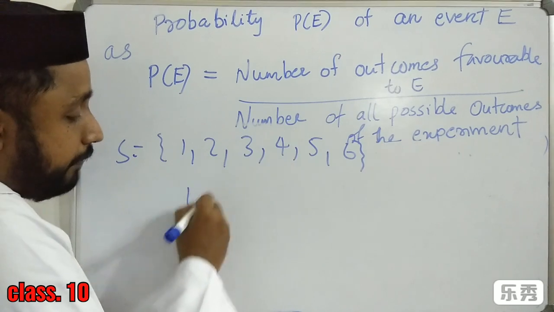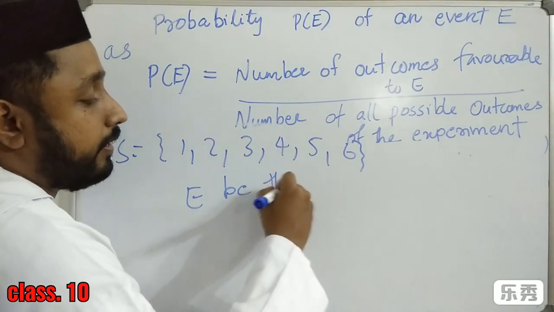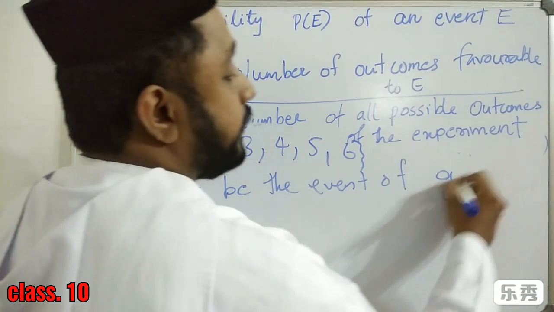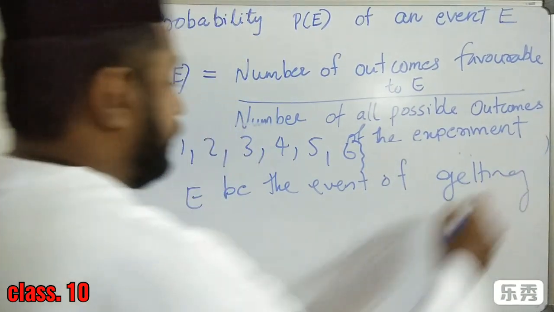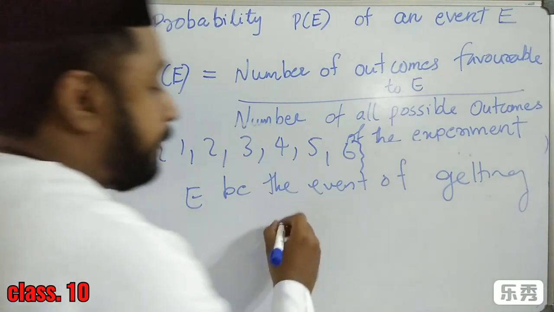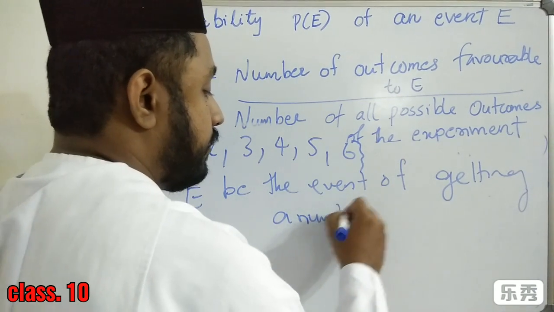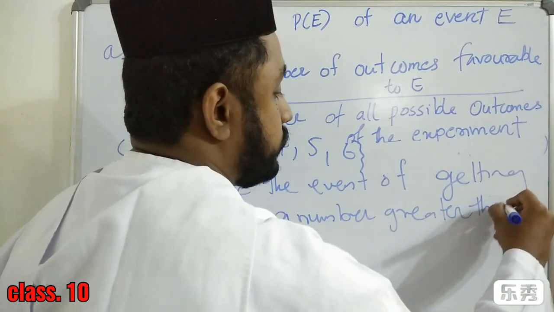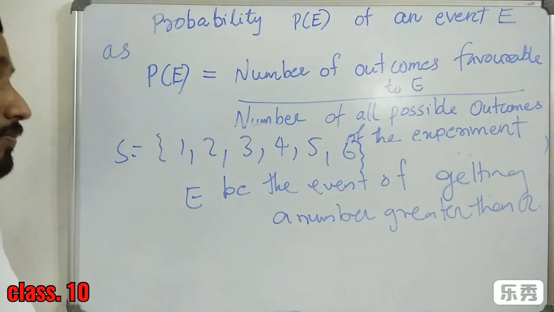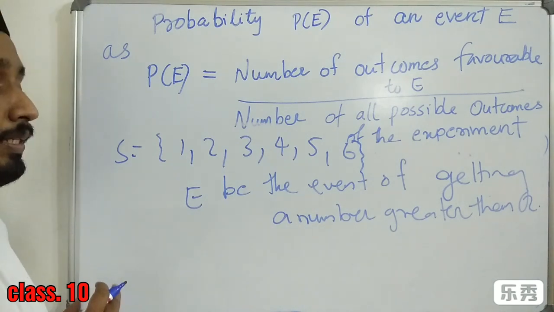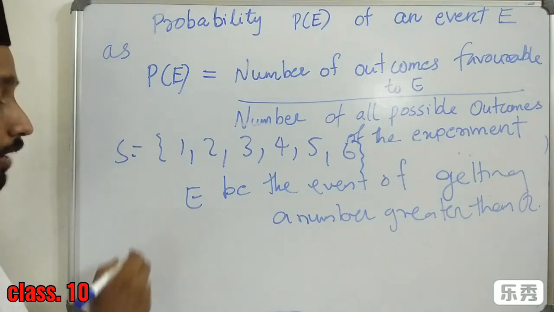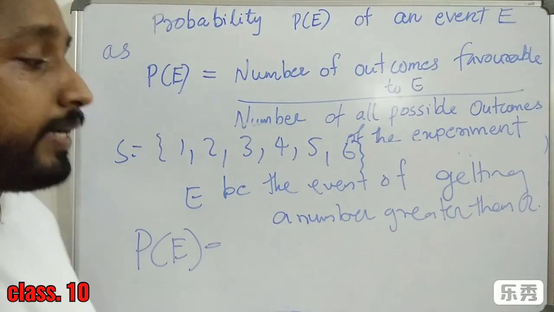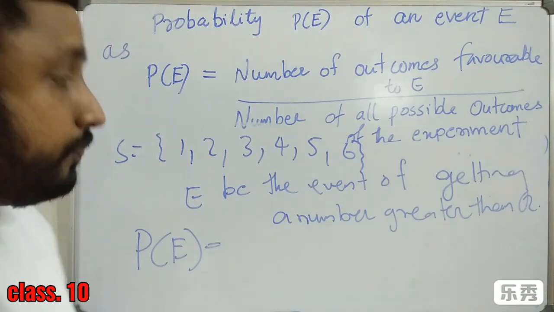Our question is: let E be the event of getting a number greater than 2. We have to find the probability of E.